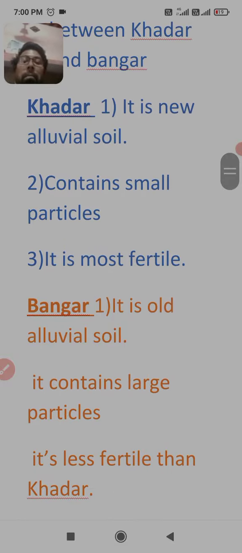Next, bangar is old alluvial soil, it contains large particles, and it is less fertile than khadar. I think you got the 3 points related to khadar and bangar. Khadar is the new alluvial soil and is more fertile than bangar.